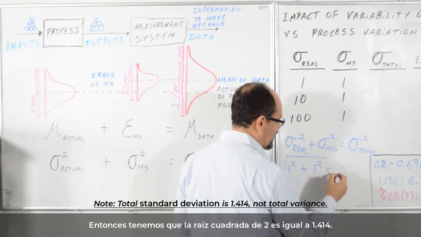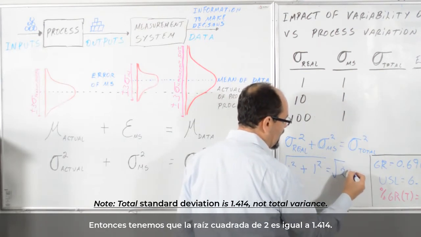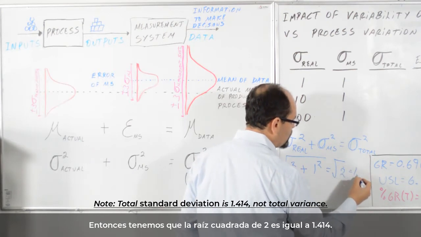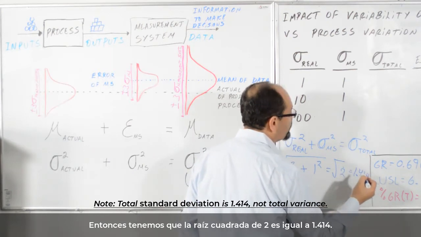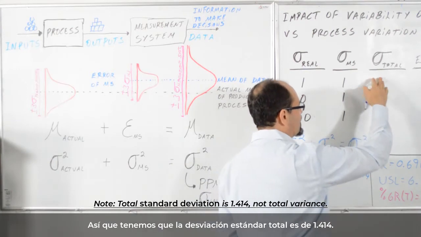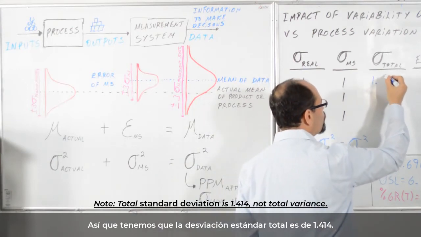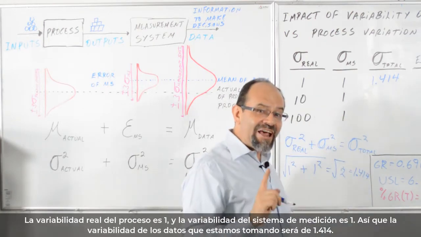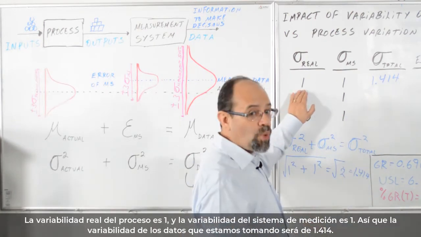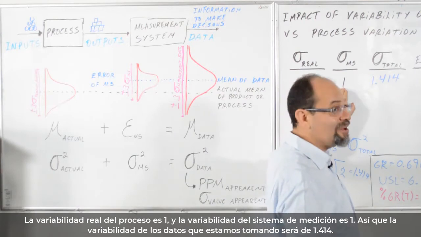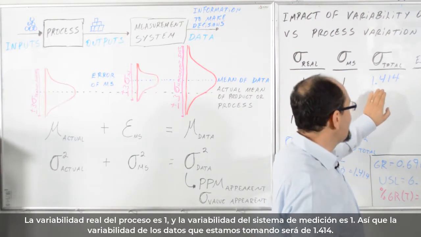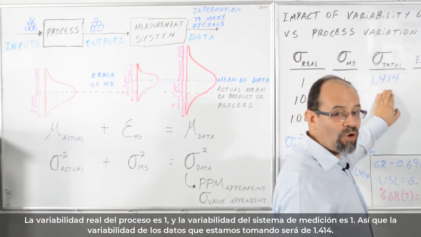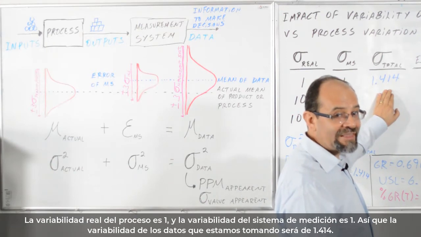That is the square root of 2, which is 1.414. The real variability of the process is 1, and the variability of the measurement system is 1, so the variability that we are obtaining in the data will be 1.414.